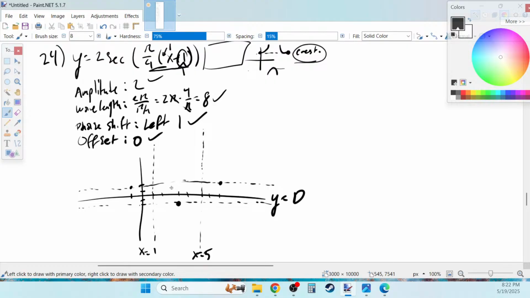This point here is at 3, comma, -2. It should be -2, not -1. This is -1, comma, 2. And yeah, I think that we have everything we need to get one wavelength now.